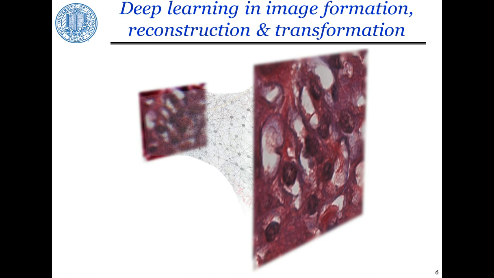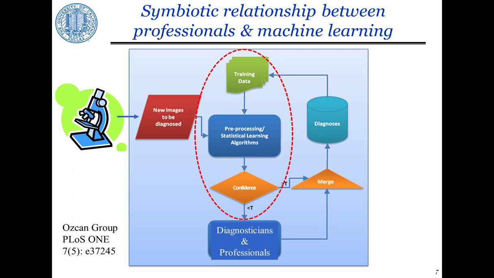After this brief intro, I'd like to come to the topic of today, which is how we're using deep neural nets for image formation, image reconstruction, and image transformation. If you look at today's relationship between professionals and machine learning, we see a very interesting symbiotic relationship, in the sense that machine learning techniques are being used at the front end to help diagnosticians see through many different images using statistical learning.